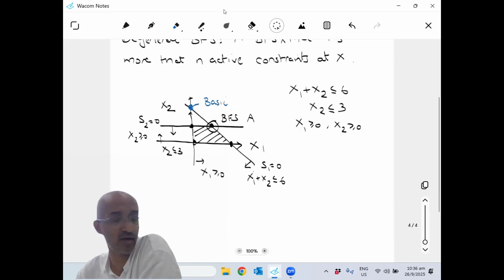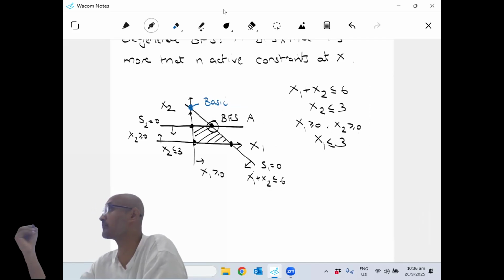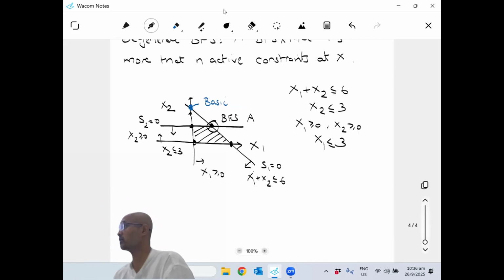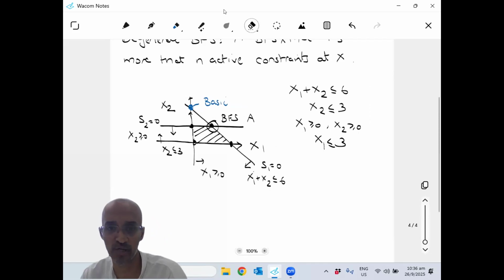I'm going to add an extra constraint to this LP. Let's say X1 is also less than or equal to 3. So let's say I take this problem now. My feasible region is changing a bit. I've got a third condition, which is X1 less than or equal to 3.